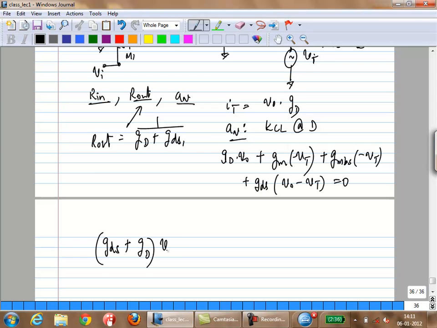So we'll group V0 on one side and VT on the other side.